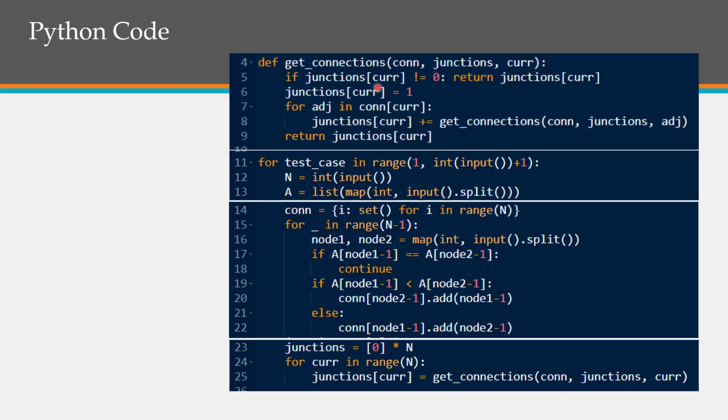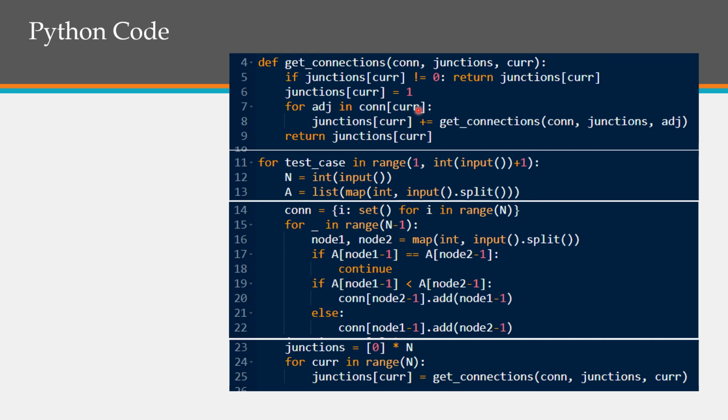And to make it optimal, if it is not equal to 0, meaning you already updated it, let's return whatever we have, because one junction can have more than two connections. That's why if it appears again, then return the same thing.